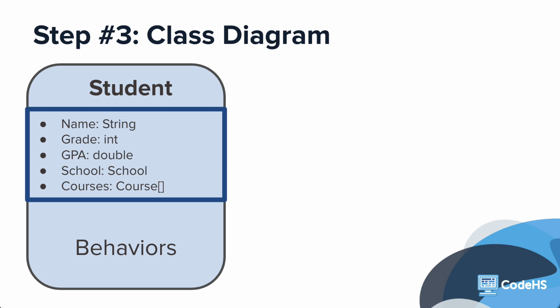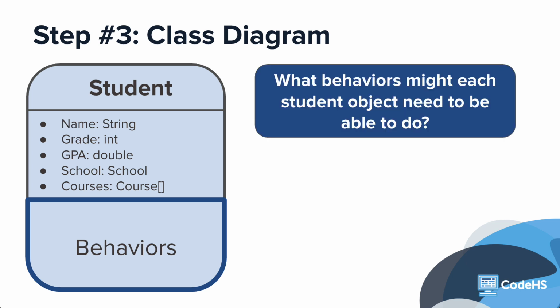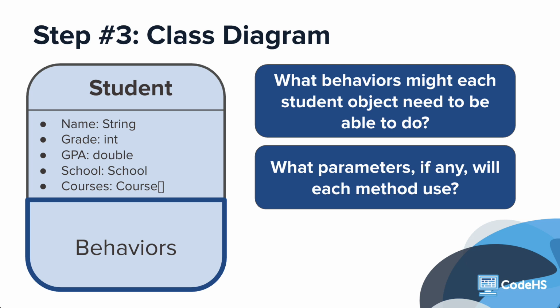Now that you've come up with some of the student attributes, it's time to move on to the methods, or behaviors. Take a moment to think about a student object's methods. What behaviors might each student object need to be able to do to track enrollment and courses, as well as what parameters, if any, will each method use? As a reminder, using parameters allows methods to be generalized, enabling the methods to be reused with a range of input values or arguments, so thinking about them during the design process can be helpful.